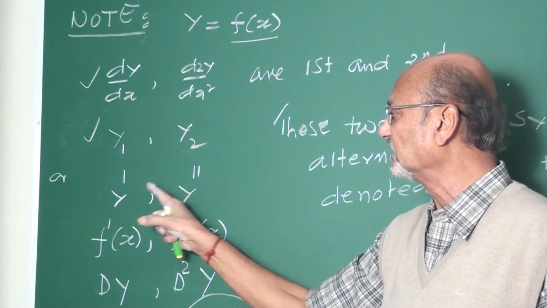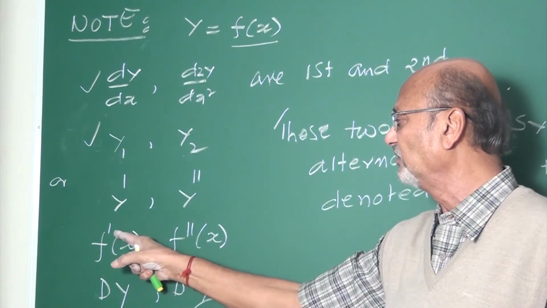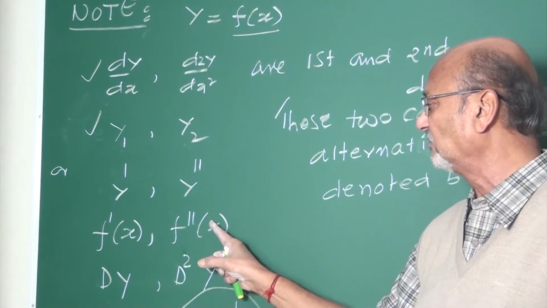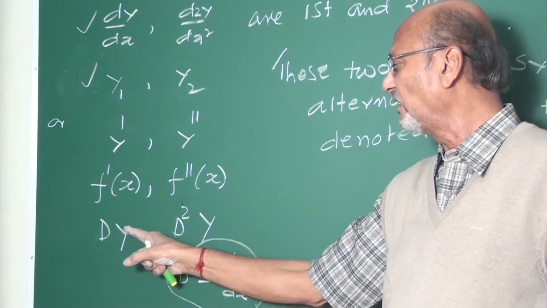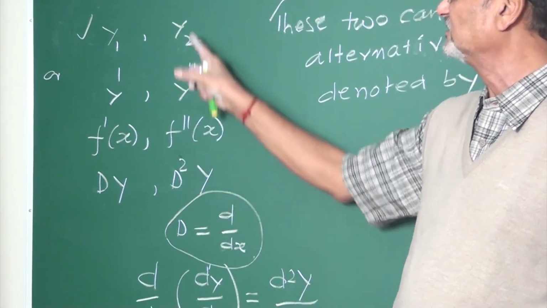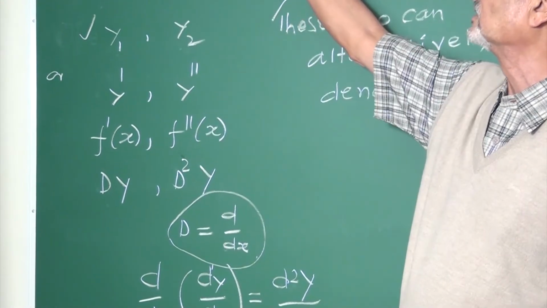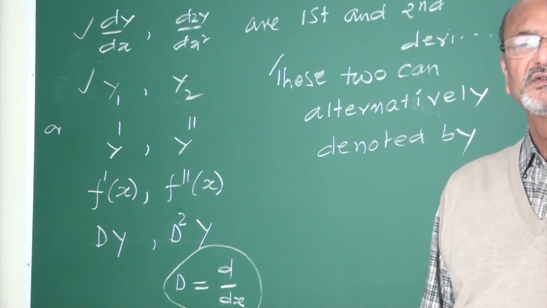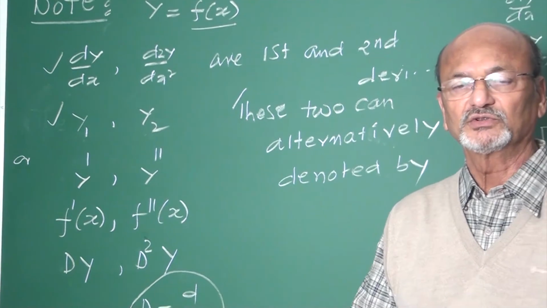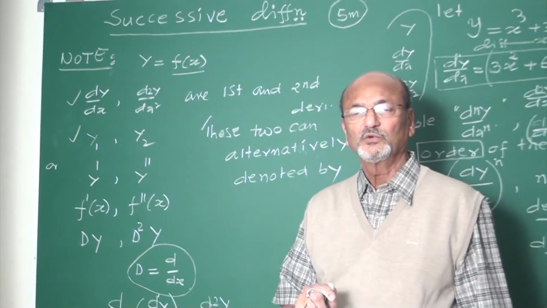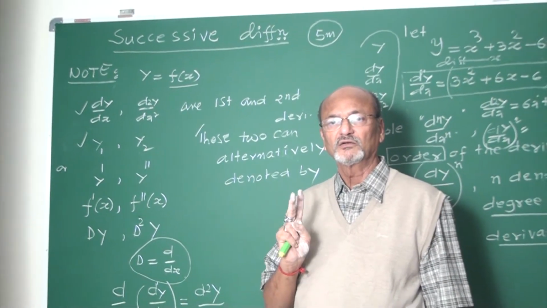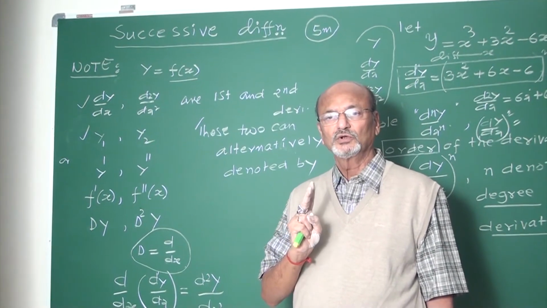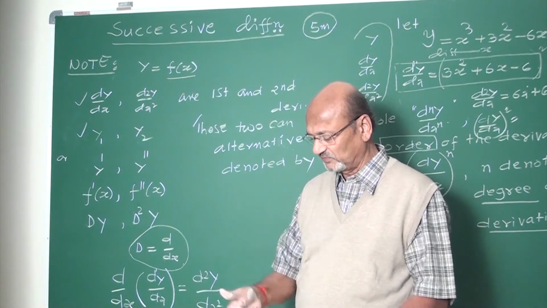The derivative of y dash, you write y double dash. The derivative of f dash, you write f double dash. The derivative of Dy, you write D square y. This is how you must remember successive derivatives. In PUC 2, you have only the first and second derivatives.